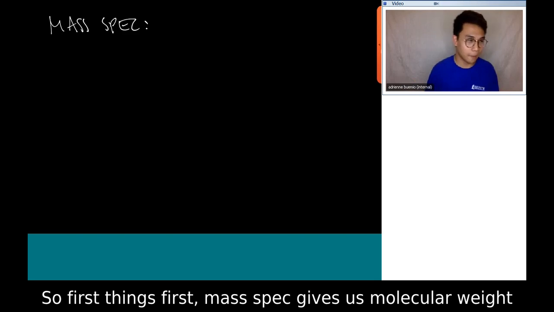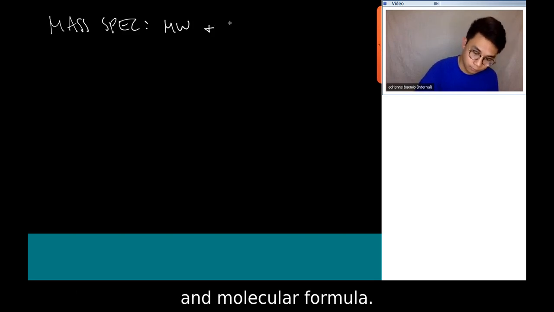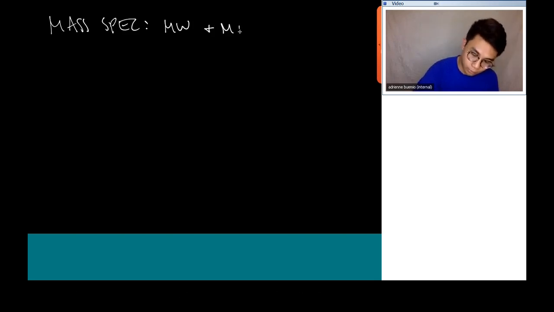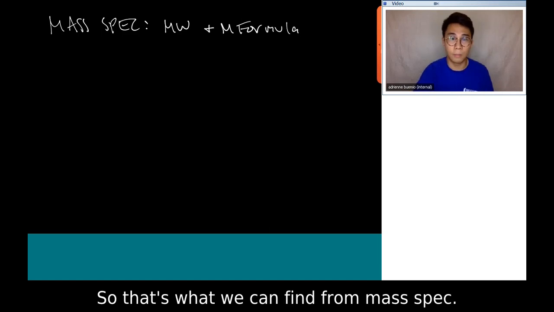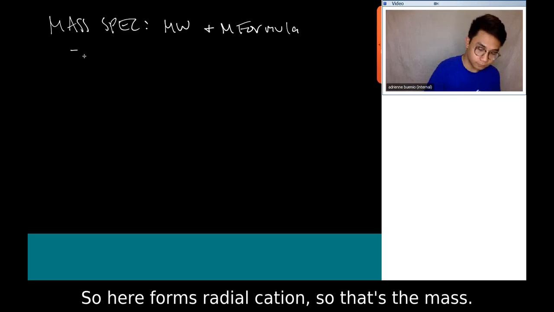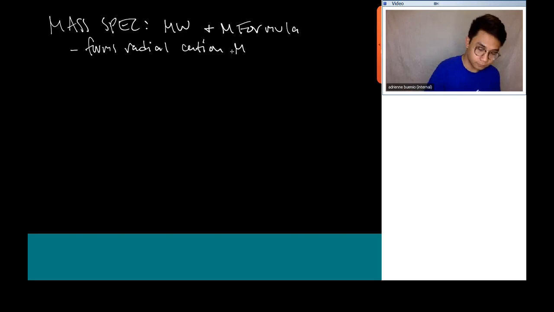So first things first, mass spec gives us molecular weight and molecular formula. So that's what we can find from mass spec. So here it forms a radical cation. So that's the mass, right?